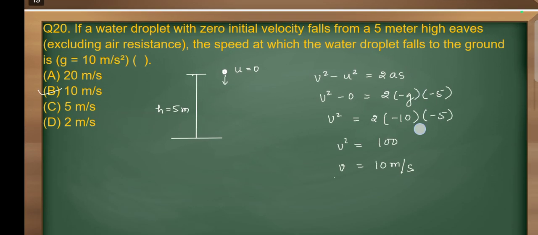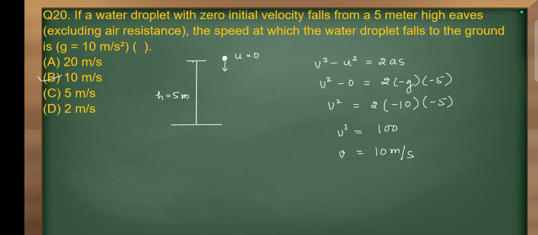Question number 20. If a water droplet with zero initial velocity falls from a 5-meter high eaves, excluding air resistance, the speed at which the water droplet falls to the ground is, g is given as 10 meter per second square. Here water is dropped from a height of 5 meter with the initial velocity 0. We will use the equation of motion, that is v square minus u square is equal to 2as.